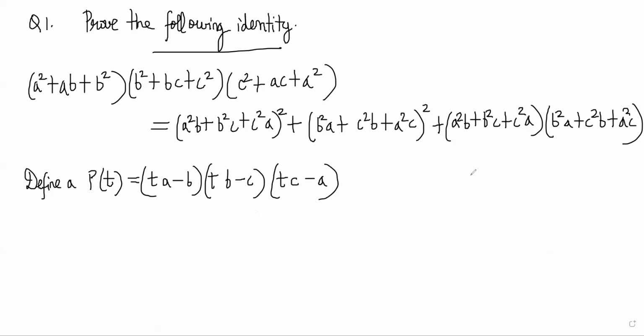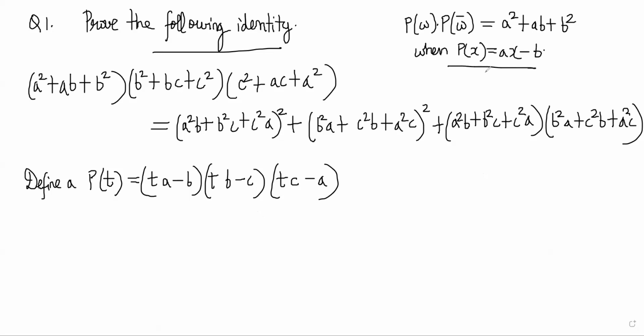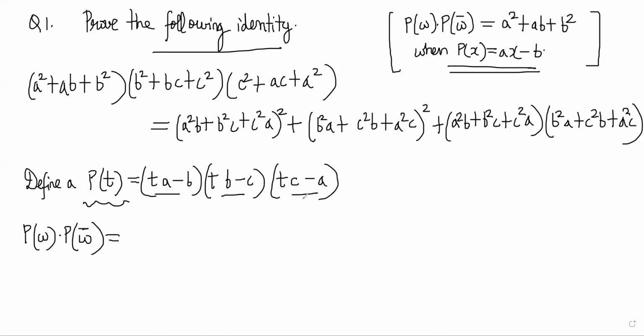Now, because we know from the previous case that p of w times p of w conjugate was equal to a square plus ab plus b square when p of x was ax minus b. This is the result that we just now got from the previous problem. So here, if you do p of w times p of w conjugate, notice that all the three forms are in the same form. It is in the form of ax minus b.